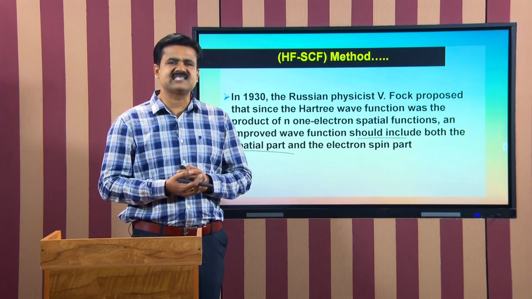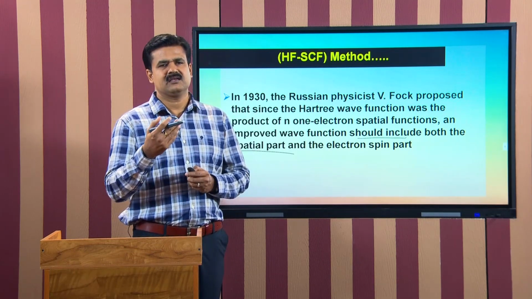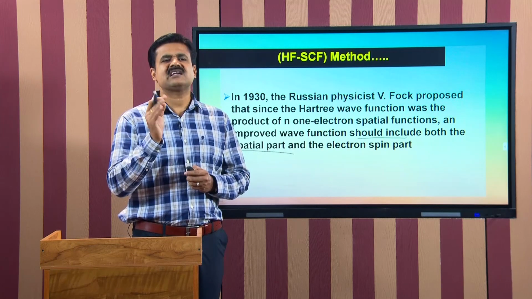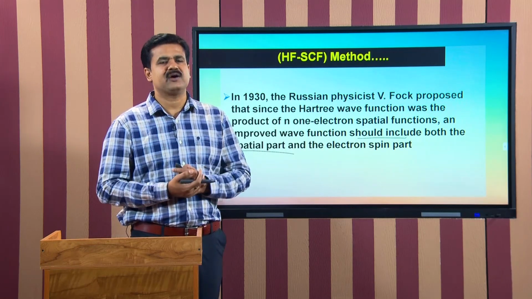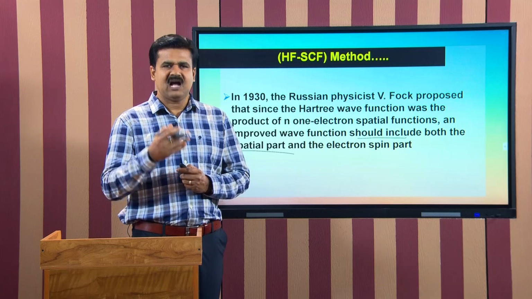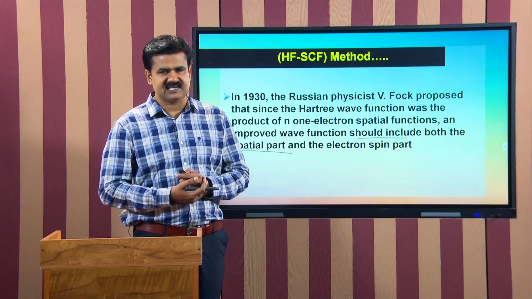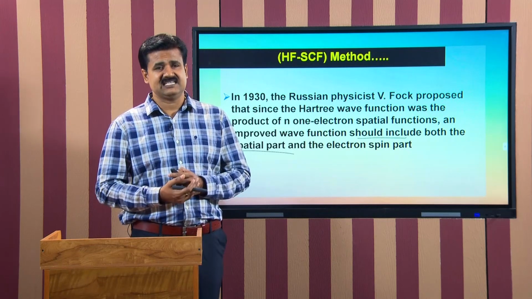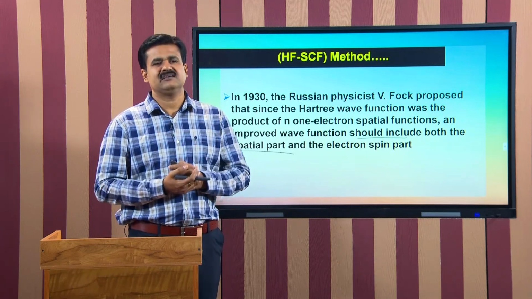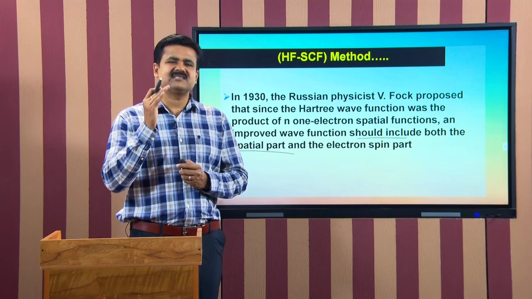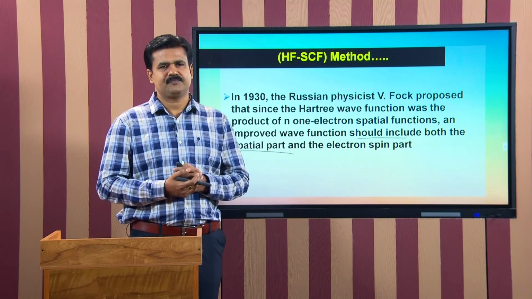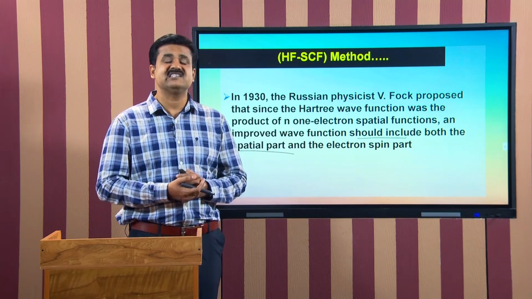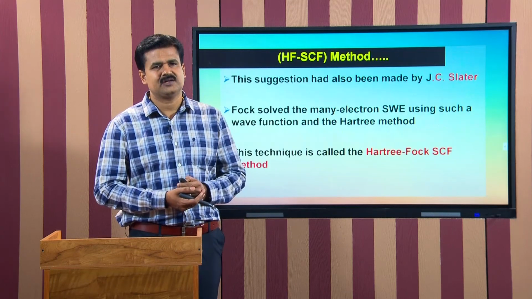In the SCF method proposed by Hartree, they consider only the spatial part of the electron, and Fock, later followed by Slater, suggested that a complete wave function must contain two components, the spatial part and the spin part of the electron.